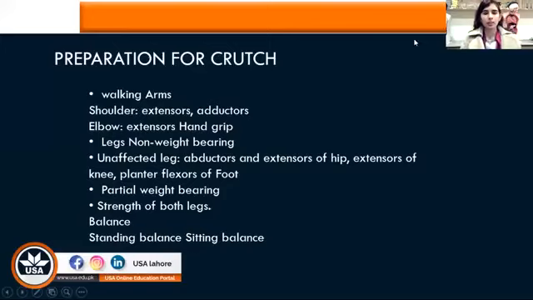What would be the preparatory steps that we have to take for patients while referring them for crutches? For the arms that are being used for transferring weight, there should be strengthening of shoulder extensors as well as adductors of the shoulder, to provide more stability to the shoulder joint and more strength while the patient is trying to walk.